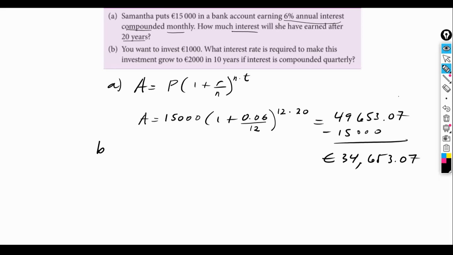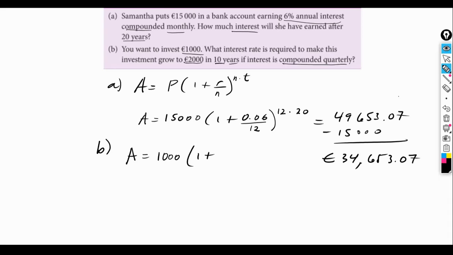So for part B, we have, you want to invest 1,000 euros. What interest rate is required to make this investment grow to 2,000 euros in 10 years if interest is compounded quarterly? So that means compounded 4 times a year. So we want to invest 1,000, right? So the amount is equal to 1,000 times 1 plus the rate, which we don't know, and it's what we have to find out.